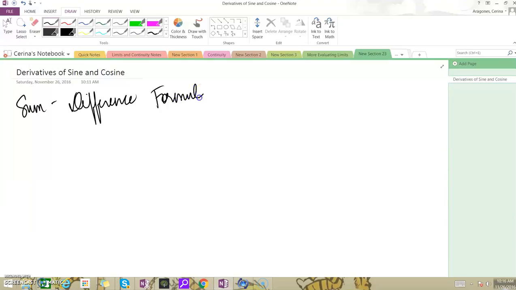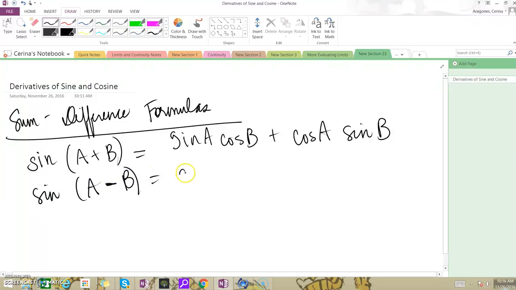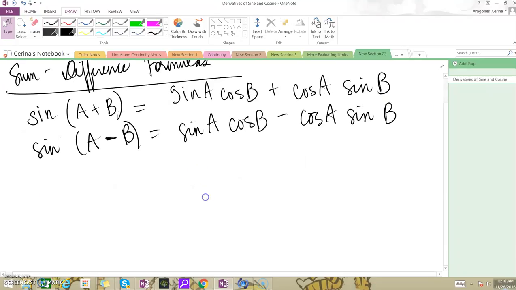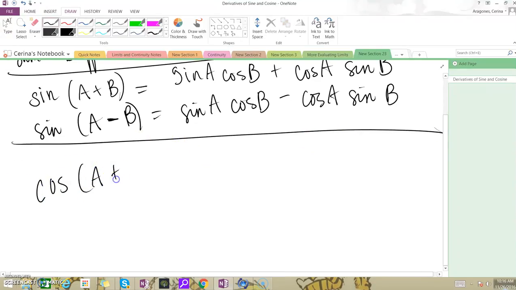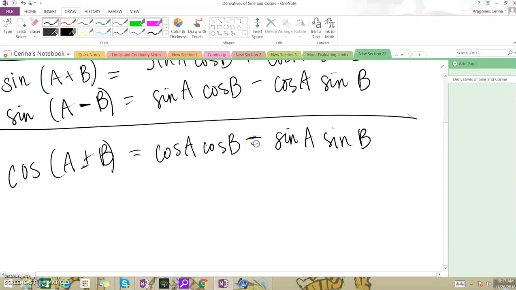So we know that the sum, so sine of A plus something else, B, is actually sine A cosine B plus cosine A sine B. And if it's a difference, sine of A minus B, it's sine A cosine B minus cosine A sine B. For cosine, the sum of two terms, cosine of A plus B, is actually cosine A cosine B minus sine A sine B. Okay, so you flip the sign here.